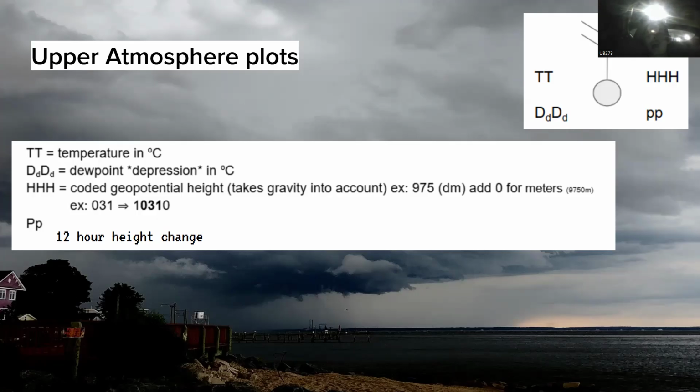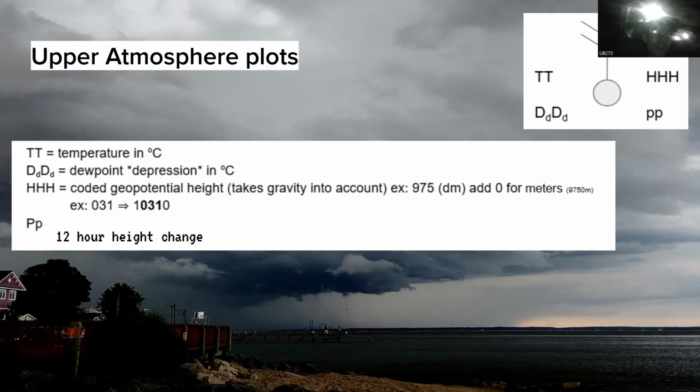Just like how we have sneaky things with the pressure, where if I see these numbers on the station model, I'll know to do this or that to get the actual pressure, it's the same thing for the heights. We're going to have a three-digit number and it's going to be something in the 900s or starting with a zero.